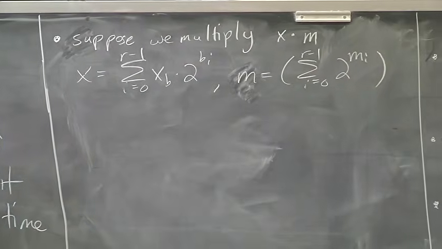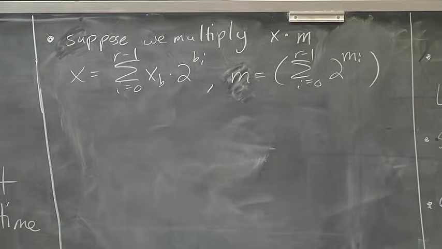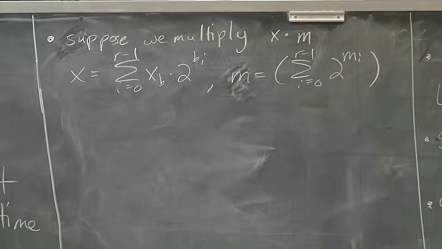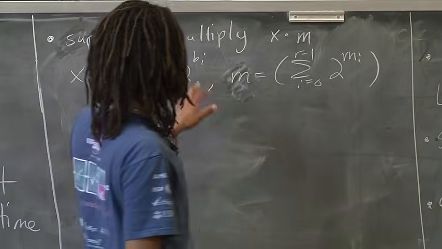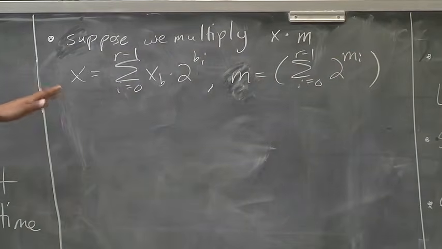So the question is, how do we choose the m_i? We're going to choose the m_i to get something nice. The b_i's are increasing. The m_i's, don't think of them as increasing; the m_i's are arbitrary.